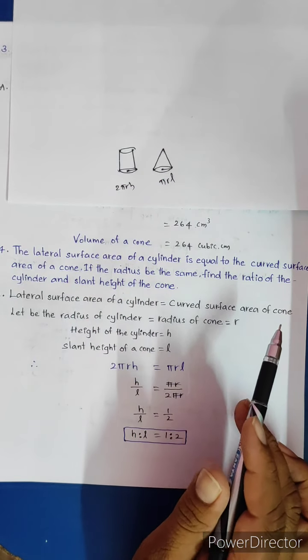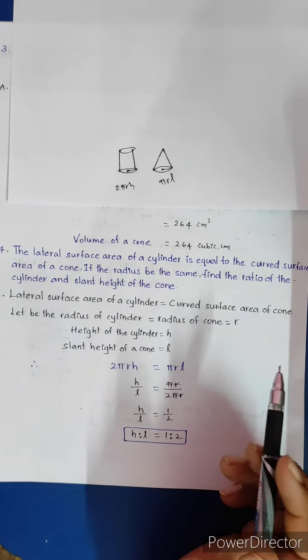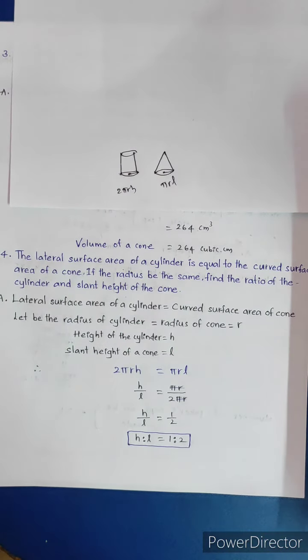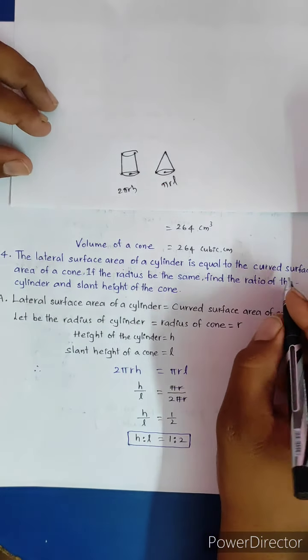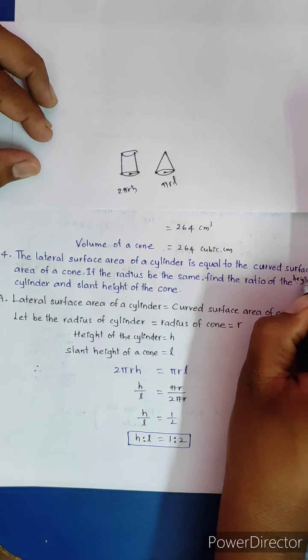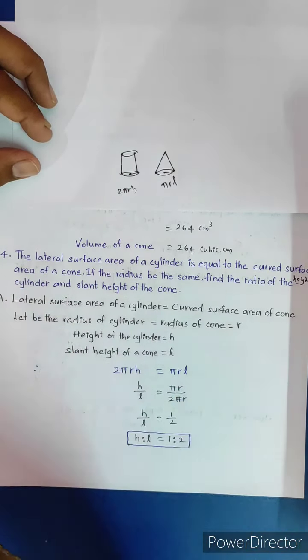Find the ratio of the height of the cylinder and slant height of the cone.